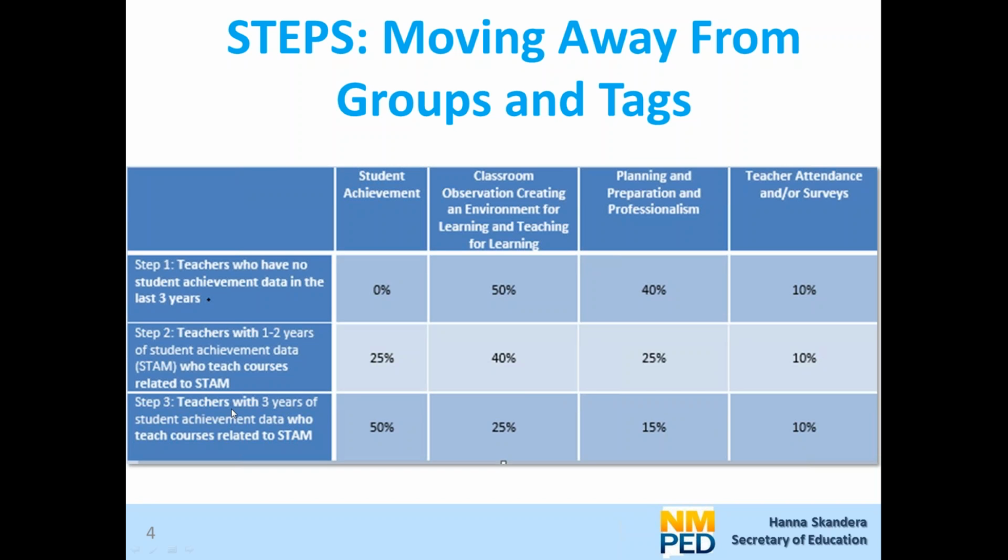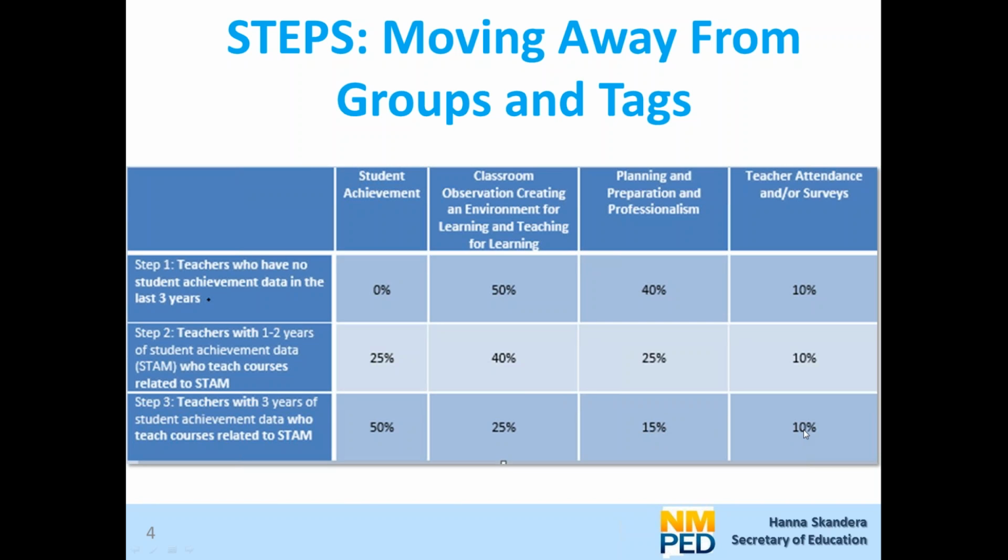A Step 3 teacher is a teacher with 3 years of student achievement data. And in that case, 50% of the teacher's overall evaluation will be associated with the student achievement criterion. 25% will be associated with classroom observation, domains 2 and 3, and 15% will be associated with domains 1 and 4 of the NMTEACH rubric.